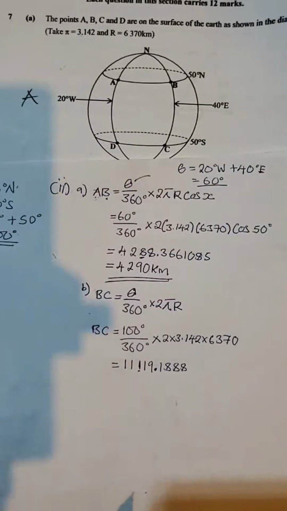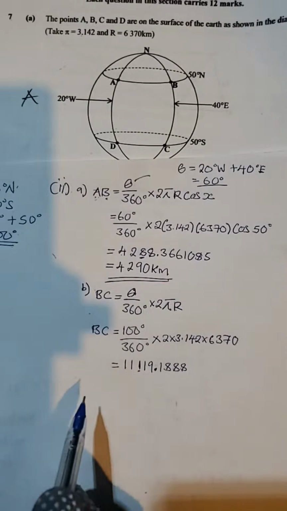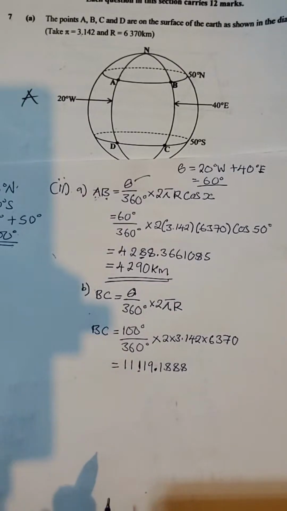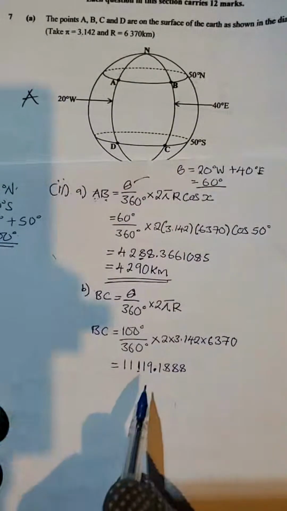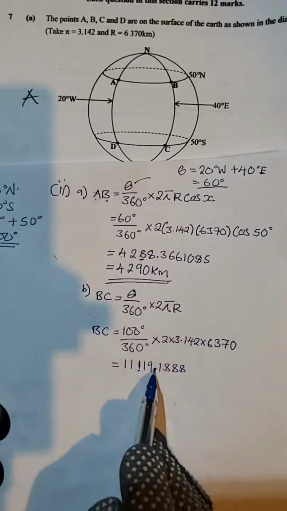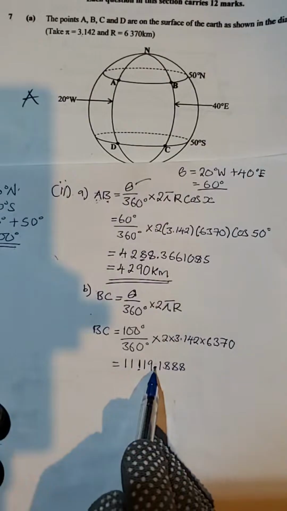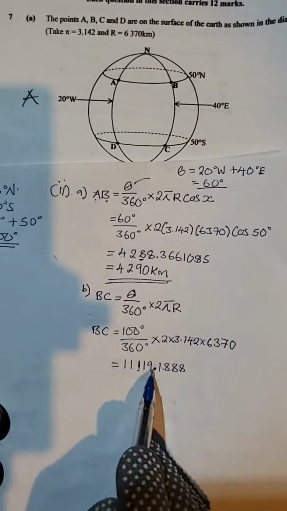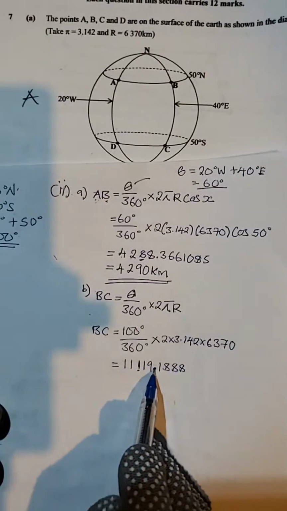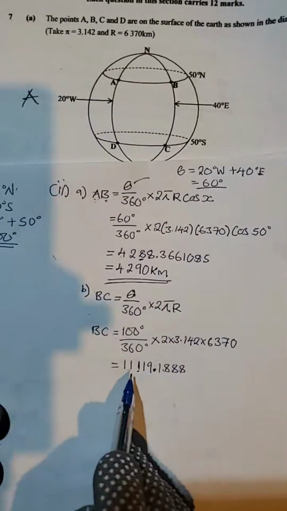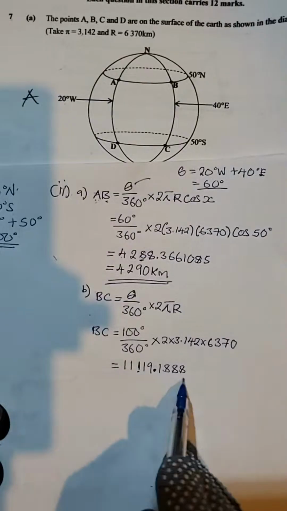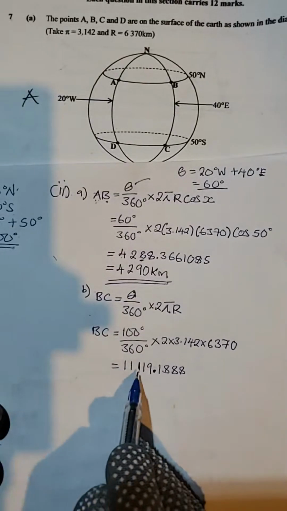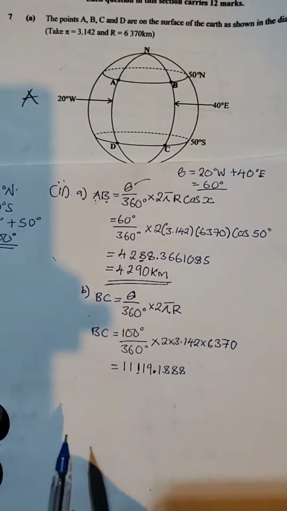We're just following instructions on the first page of this examination paper, which says if the degree of accuracy is not specified and the answer is not a whole number, of which this answer is not a whole number, leave your answer correct to 3 significant figures. If it's in degrees, to 2 decimal places. So this is not in degrees, so we need to leave our answer correct to 3 significant figures.